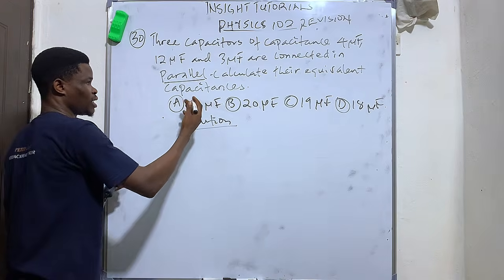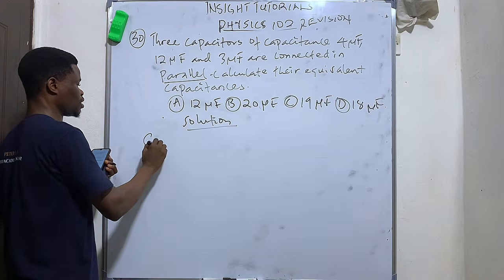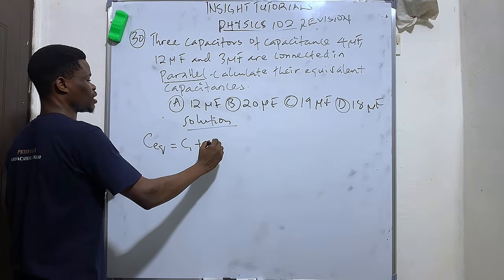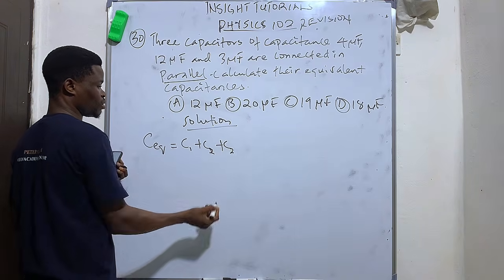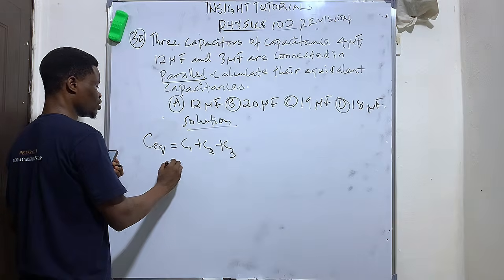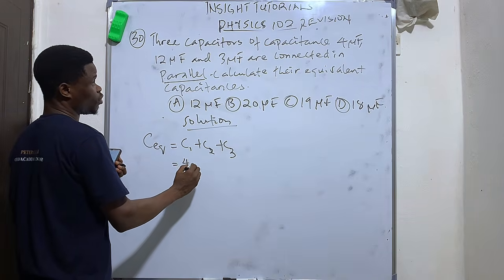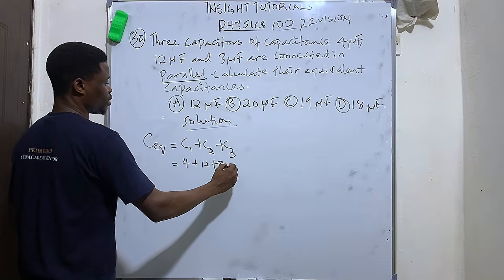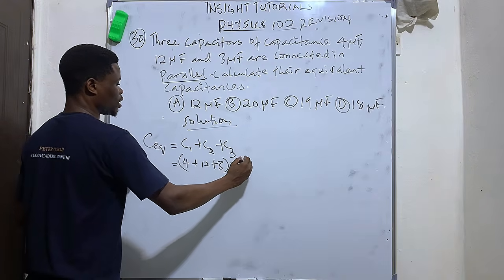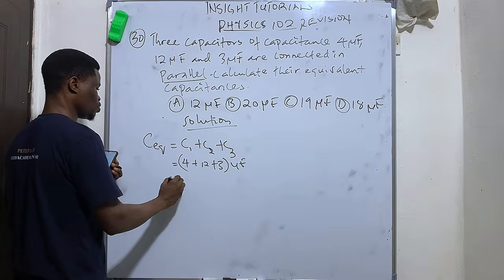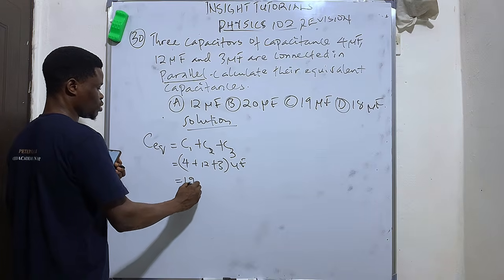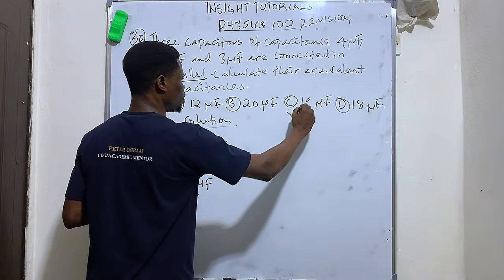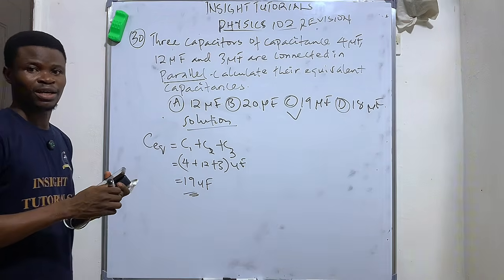So for us to calculate the equivalent capacitance, it is going to be the first capacitance plus the second plus the third. So it is simply 4 plus 12 plus 3, all microfarad. This is equal to 19 microfarad, making option C the correct answer.